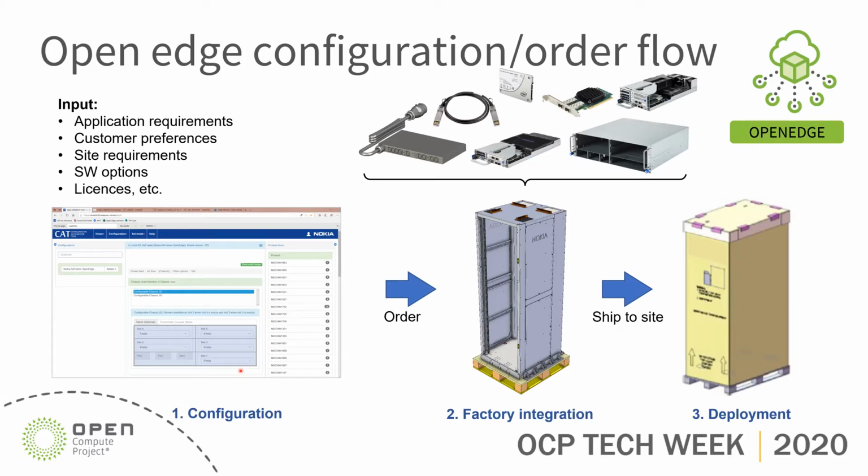And the whole rack is cabled, ready cabled. All the switches that the customer may have picked are then connected to the servers. Power feed is installed, PDUs, the power cabling, everything. So basically ready to be taken into use at the site when it arrives.